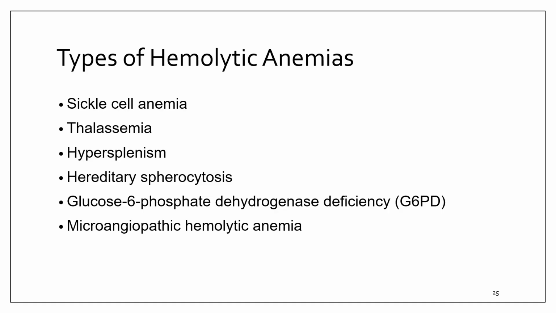And then there's glucose-6-phosphate dehydrogenase deficiency, or G6PD. This is an enzyme deficiency that protects red blood cells from oxidative damage. Without G6PD, oxidative stress damages hemoglobin. Hemoglobin precipitates inside the cell.